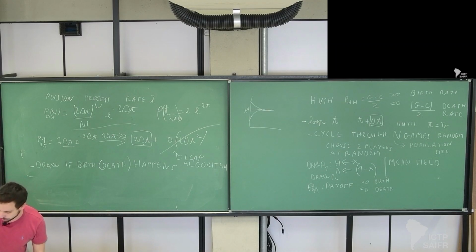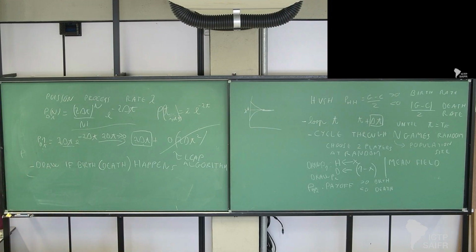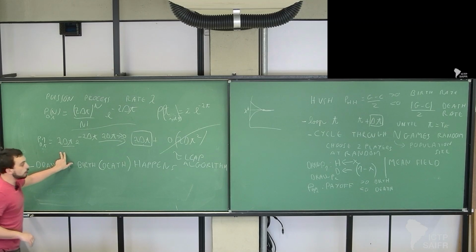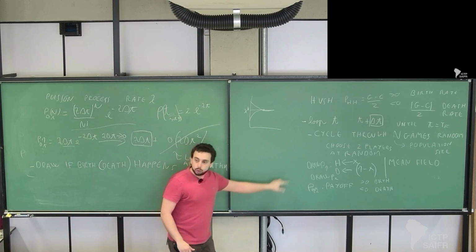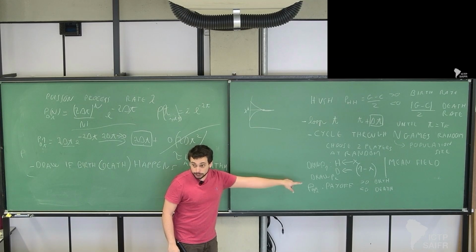Yes. So in this case, we're assuming that delta t is small enough so that the probability of drawing more than one event is basically zero. Essentially, yes. Because the underlying assumption is that drawing a birth or a death depends on the state of the system.